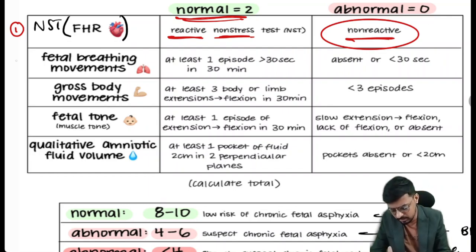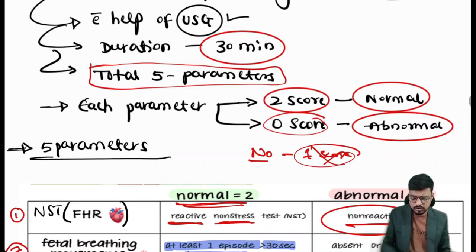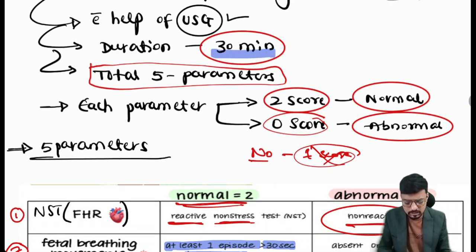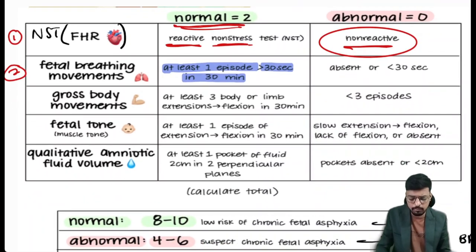The second very important component to monitor is the fetal breathing movements. We watch for at least one episode lasting more than 30 seconds within the 30 minutes of the biophysical score with the help of the USG.